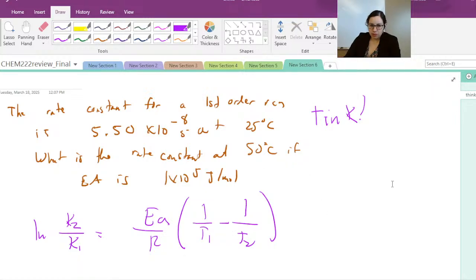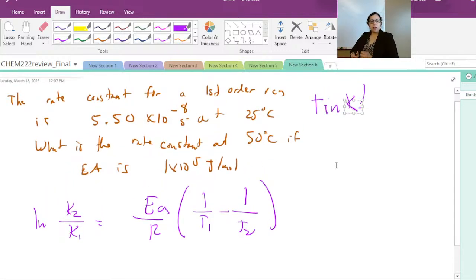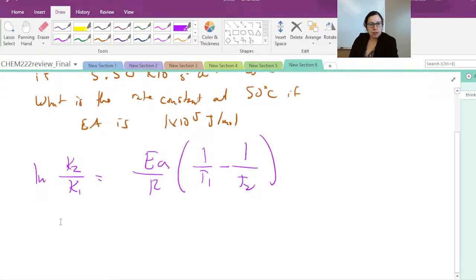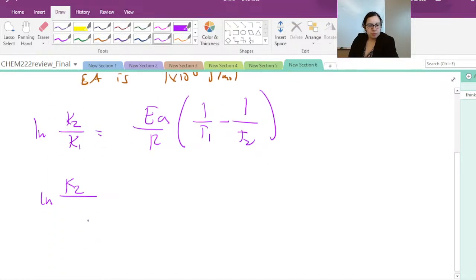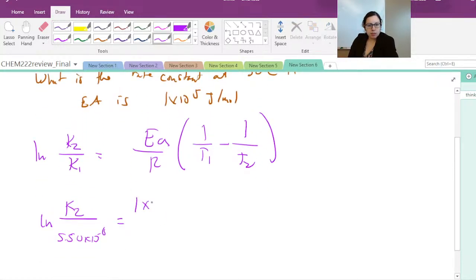Just glancing at our quizzes. And the other thing to keep straight is, again, it doesn't matter which is k2 or k1, just match the appropriate temperature. Excellent. So then just plug it in. We have to solve for k2. I'm calling what we were given k1. And the activation energy.